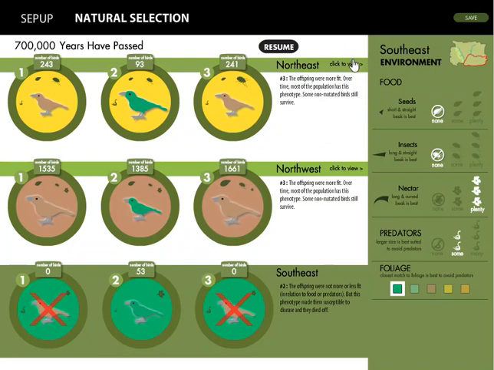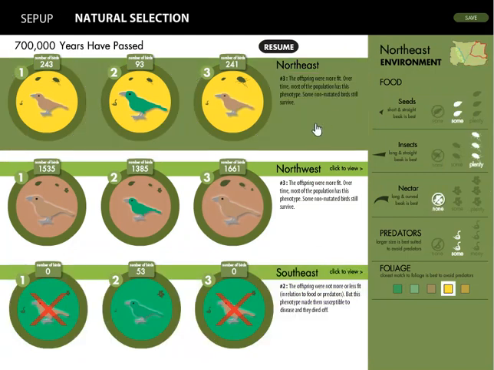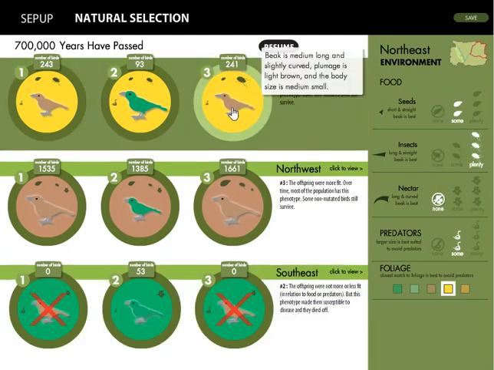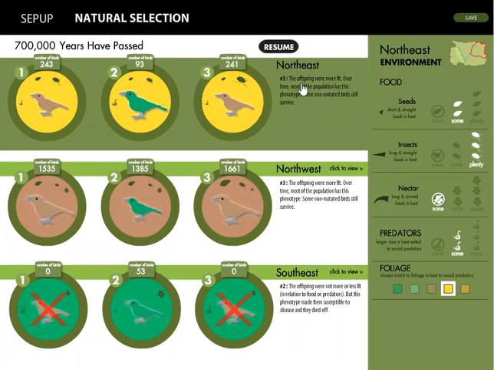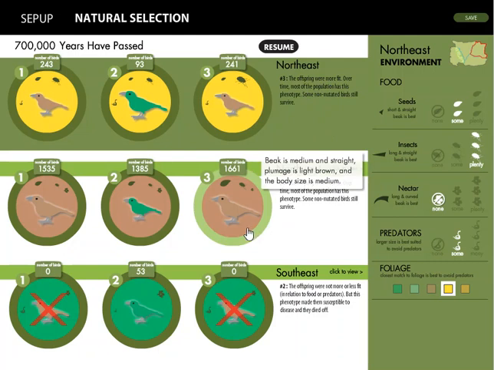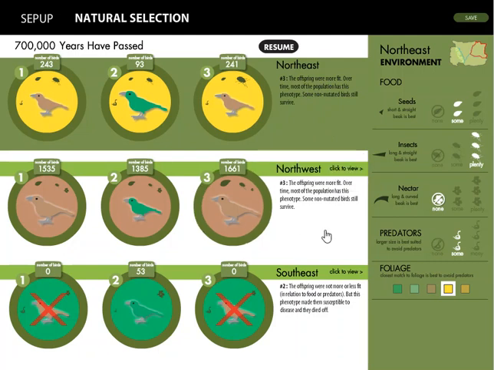So in the Northeast, the beak got longer, and that was actually more fit. So you see that population has a longer beak overall. In the Northwest, the offspring were more fit, but it didn't really matter.